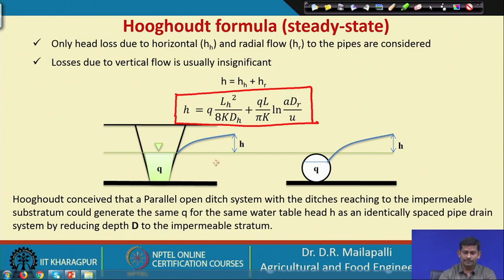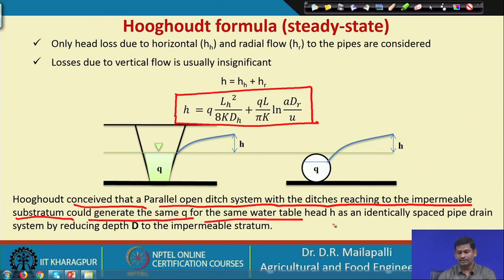So, Hooghoudt conceived that a parallel open ditch system with the ditches reaching to the impermeable substratum could generate the same q for the same water table head H as an identically spaced pipe drain system, by reducing depth d to the impermeable stratum.